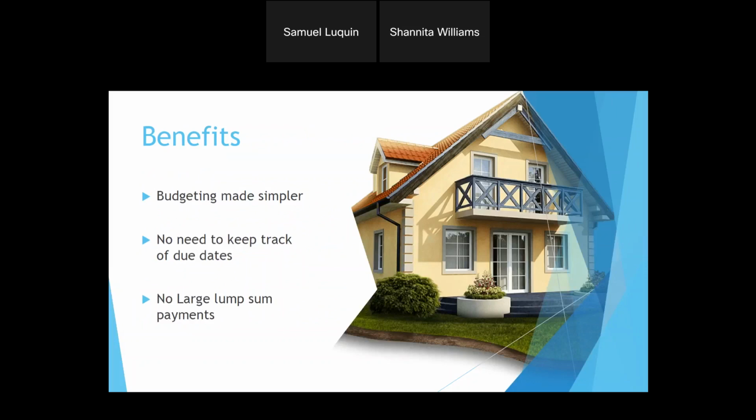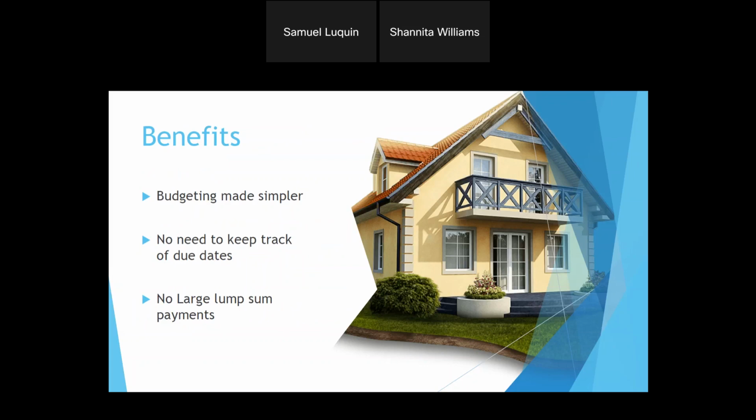In reality, it makes things simpler because property taxes are due in usually large lump sums twice a fiscal year. You don't have to worry about saving that money and having it on time. On top of that, there's not going to be any need to keep track of due dates. The lender is going to be aware that property taxes are due twice every fiscal year.